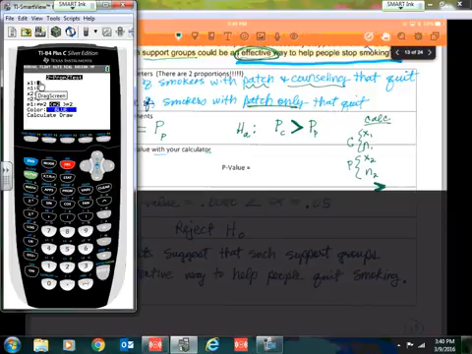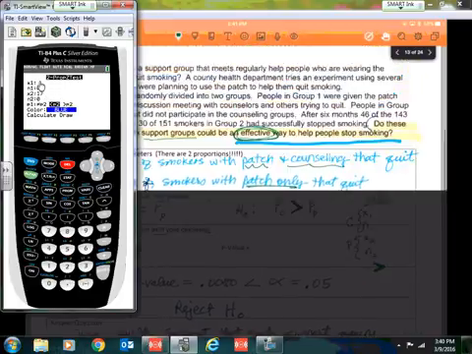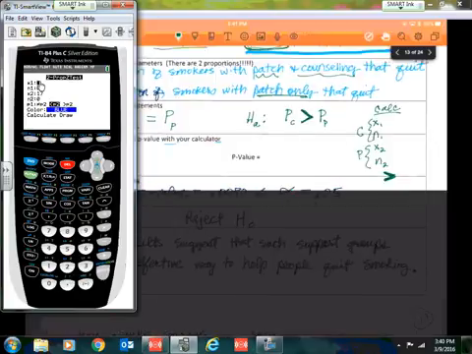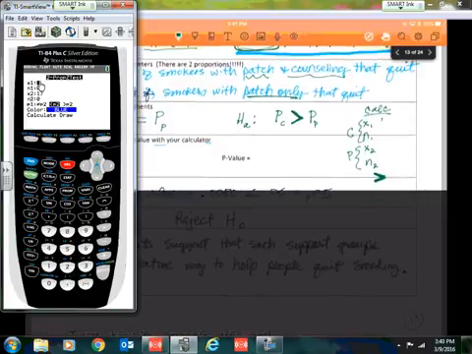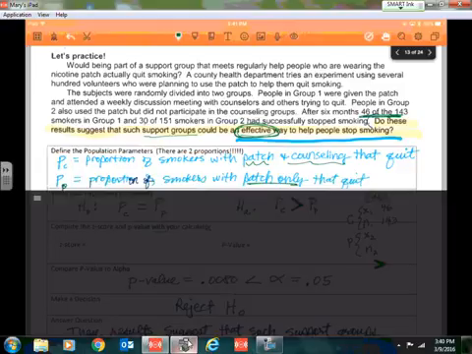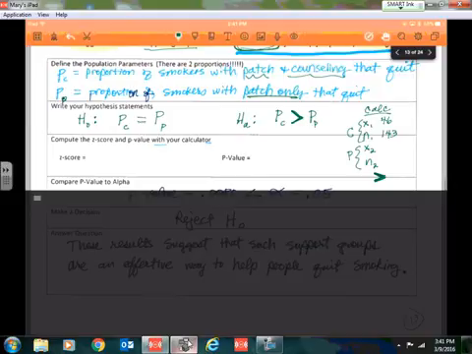So let's now go over here. For x1, it has to be a whole number of people. Let's see what our statement was about. After 6 months, 46 of the 143 quit smoking. So success was 46, and the sample was 143. In my second group, you can see from this statement that 30 of the 151 successfully quit smoking.